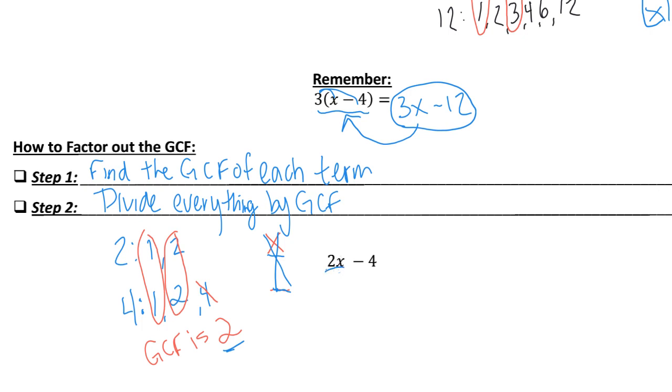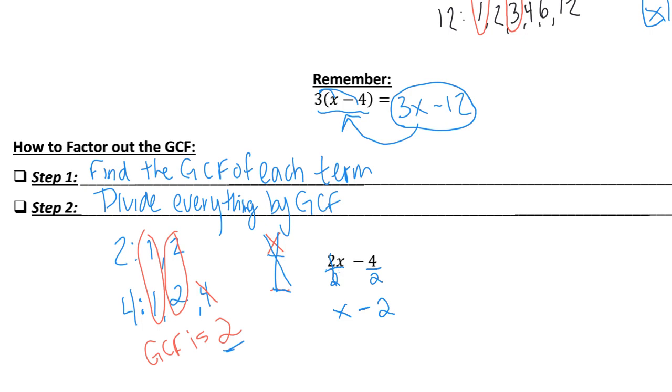So 2x divided by 2, the 2's cancel out, so I'm left with an x. 4 divided by 2 is 2. And then I just bring this sign down. So now I am left with x minus 2.